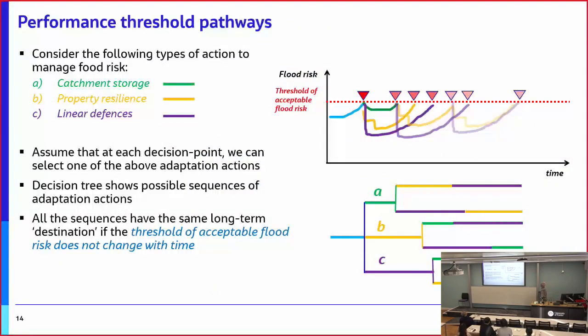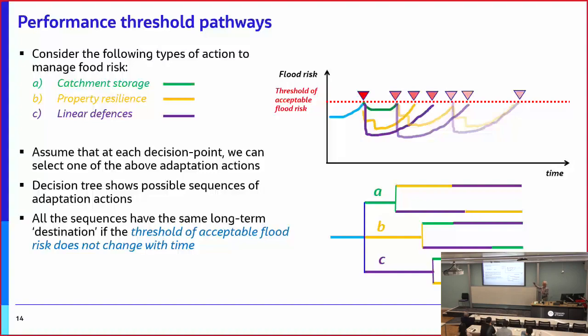So one way of analysing it is to think of different types of intervention. The examples I'm giving now are related to performance-related pathways, where you have some sort of threshold of acceptable risk, and you've got time and level of flood risk. And so we could reach a decision point. Doesn't show up very well, but the first red triangle is the first decision point, beyond which we could either improve the storage in the catchment, that might be one thing to do.